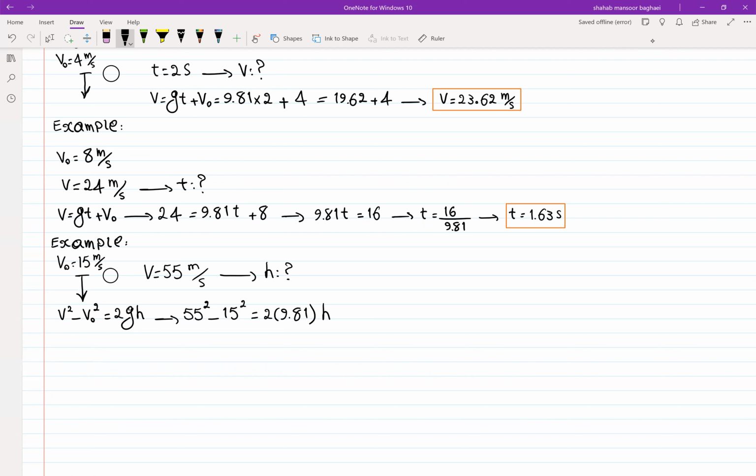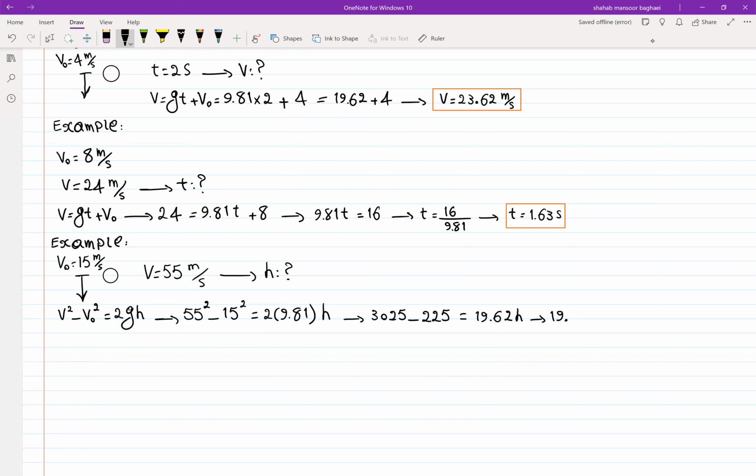So 55 square, that's 3,025, minus 225. That's 15 square, equal to 19.62 h.